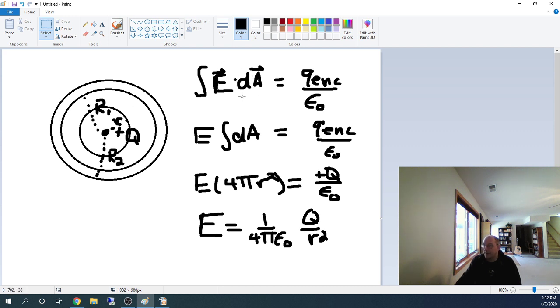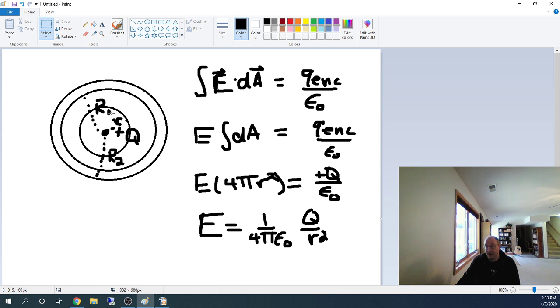So when I'm performing this integral, if E is 0 at every one of those points, then this flux has to be 0, which means the total charge enclosed has to be 0, which means that this positive charge here and whatever negative charge is distributed on the inner surface of the conductor has to add up to 0. In other words, the charge on the inner surface has to be exactly equal to minus capital Q. Okay, hopefully that's clear.